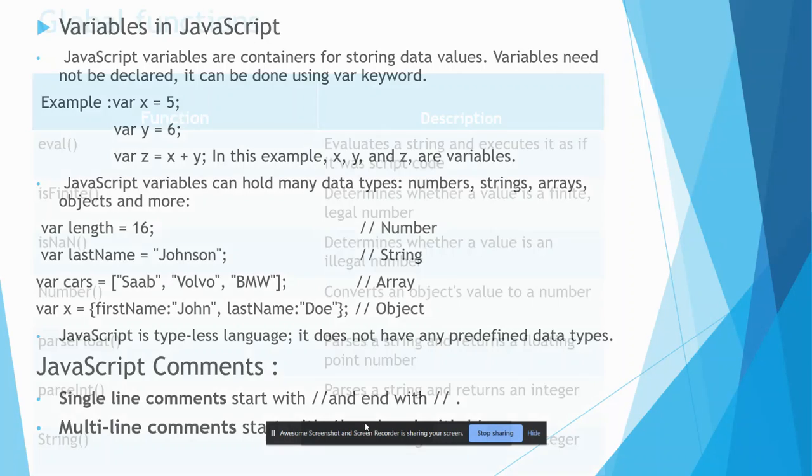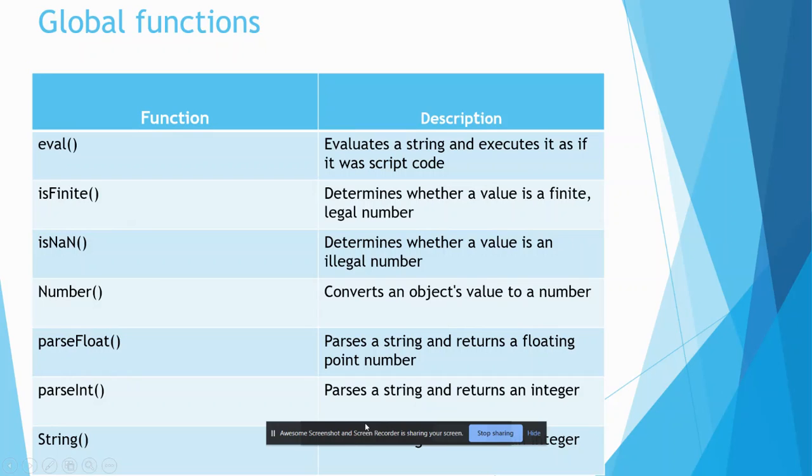Next, global functions. The JavaScript global functions can be used with all the built-in JavaScript objects. Here we can see an eval function. It is used to evaluate a string and execute it as if it was script code.